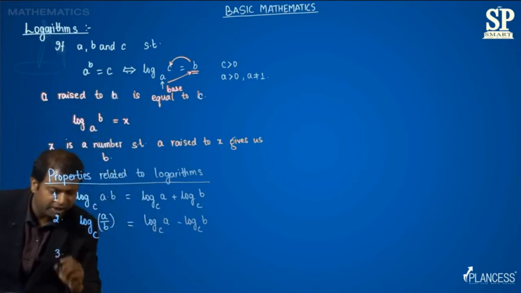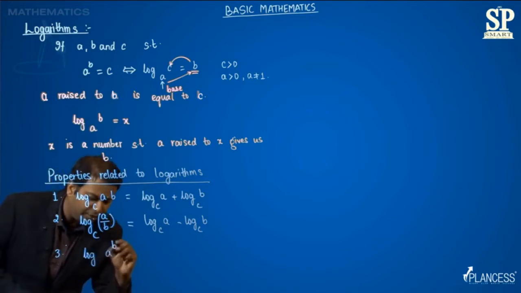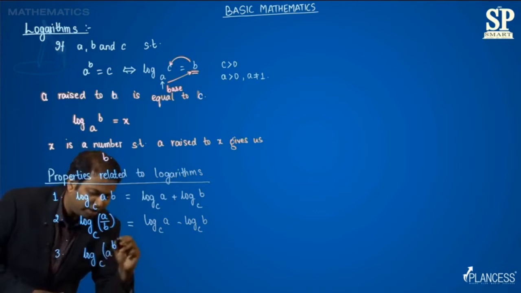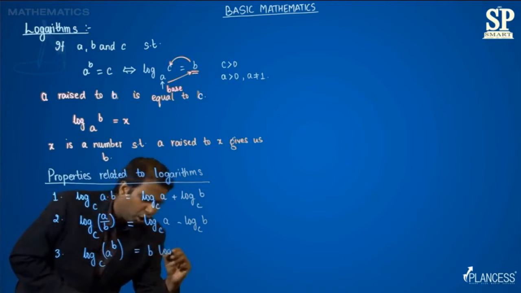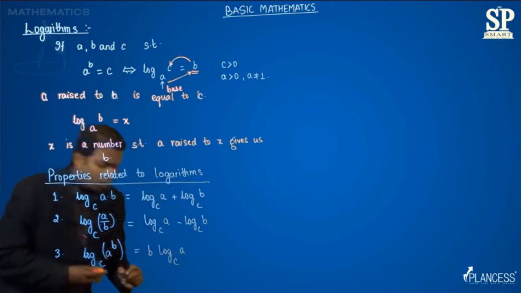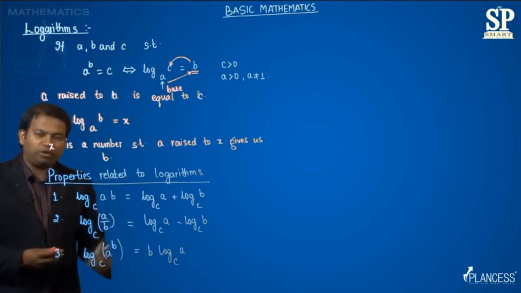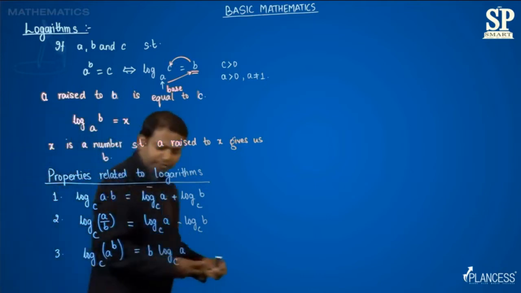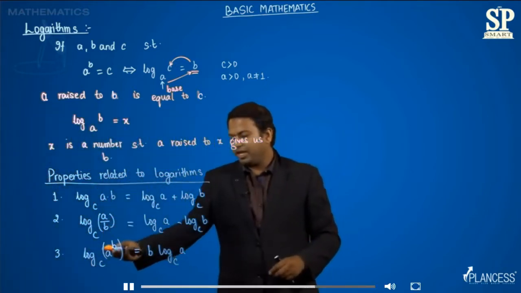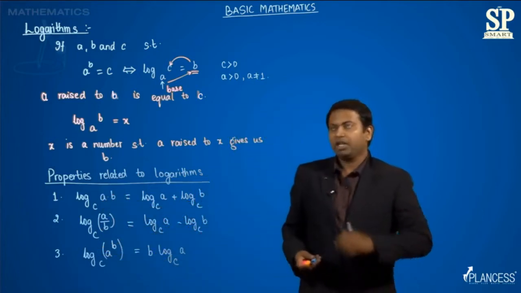The third property is log of A raised to power B, base C, is equal to B log A base C. So basically the exponent of A comes in front of the log, and we simply write B times log of A to the base C. You can take the help of the first property to understand the third property.